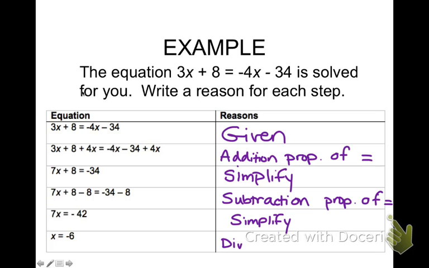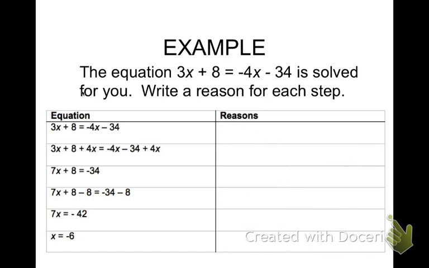So that's your division property of equality. Okay? This is the basis of a proof. You write a bunch of statements on the left, and you have to justify your reasons on the right. This is pretty basic because you know how to solve equations, so this shouldn't be too challenging for you.